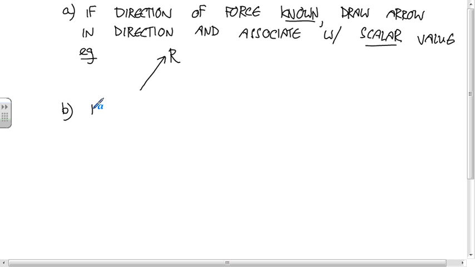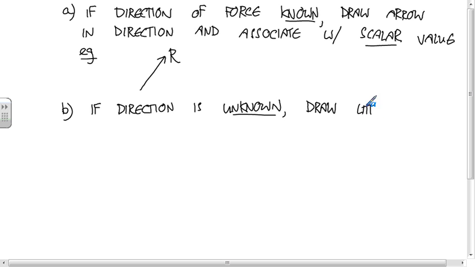Second, if the direction is unknown, draw a little coordinate axes and associate it with a vector value.